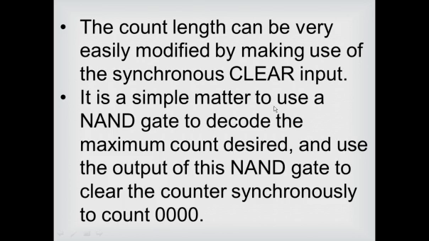It is a simple matter to use a NAND gate to decode the maximum count desired and use the output of the NAND gate to clear the counter synchronously to the count 0000. So now what are we going to utilize here? We are going to utilize the clear input.